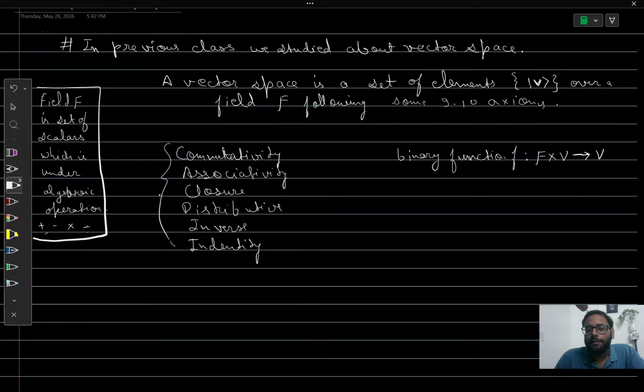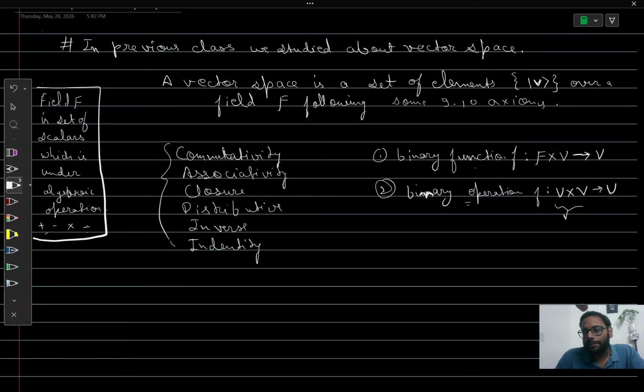And there's another, a binary operation, which can be given by V cross V to V. So a binary operation is also a function, but it takes input values from the vector space itself, and the output is also in the vector space.